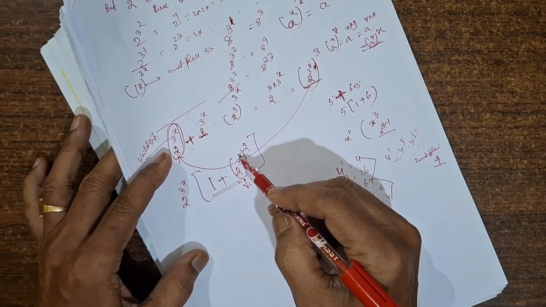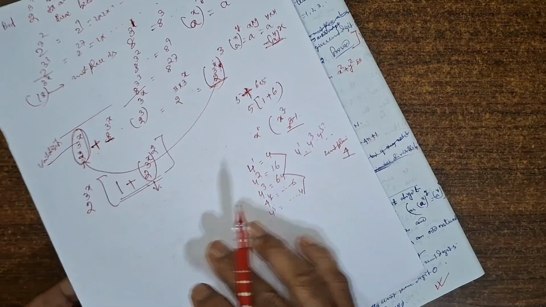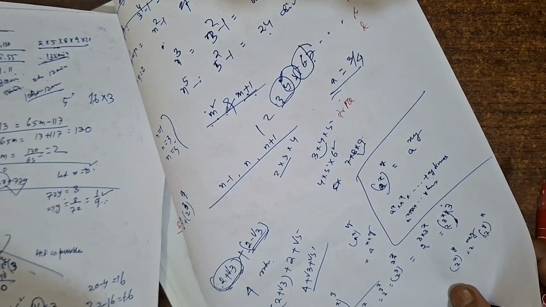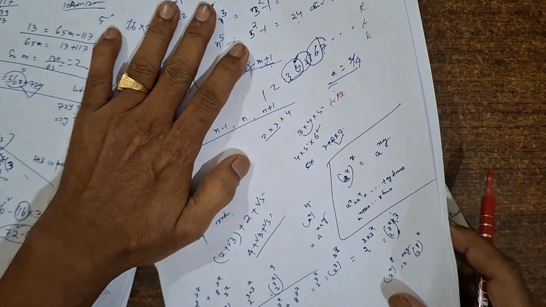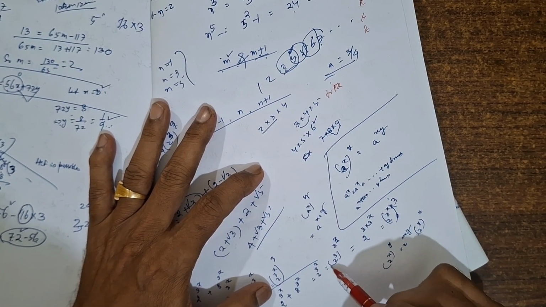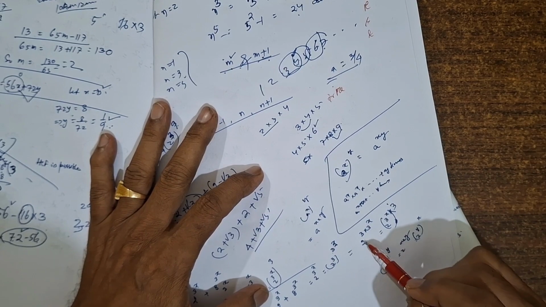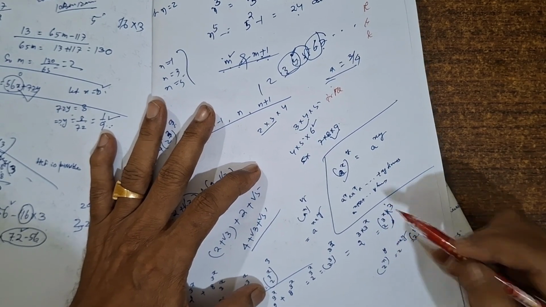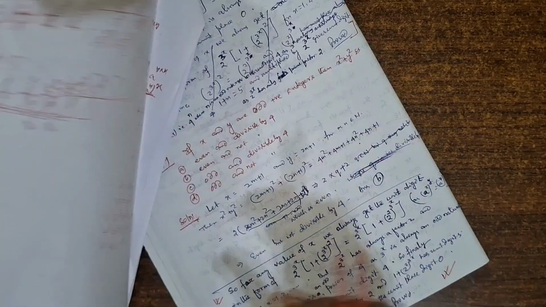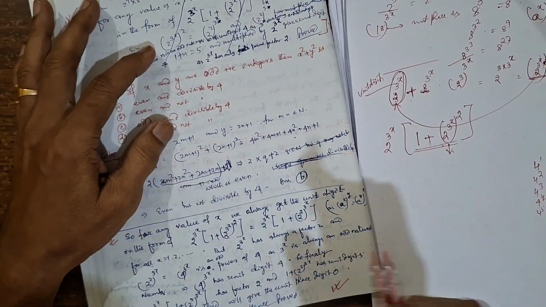Now 2 to the power 3 to the power x, whole square. 2 to the power 3x is equal to 2 to the power xy, I have narrated earlier. Now come to this.